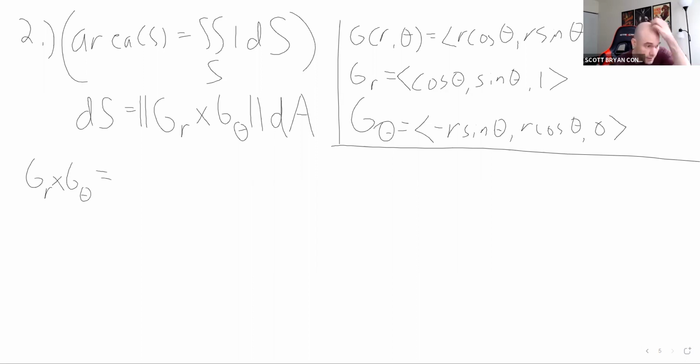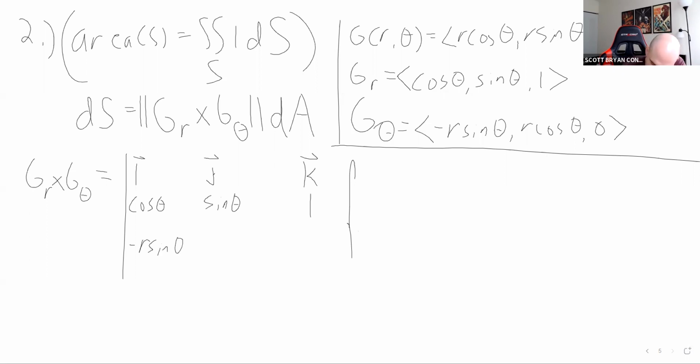So our g sub r cross g sub theta, going to do that really quickly. So we got cos theta, sine theta, 1 cross negative r sine theta, r cos theta, 0.